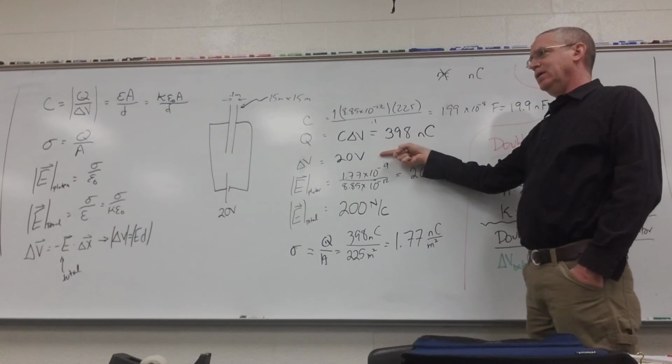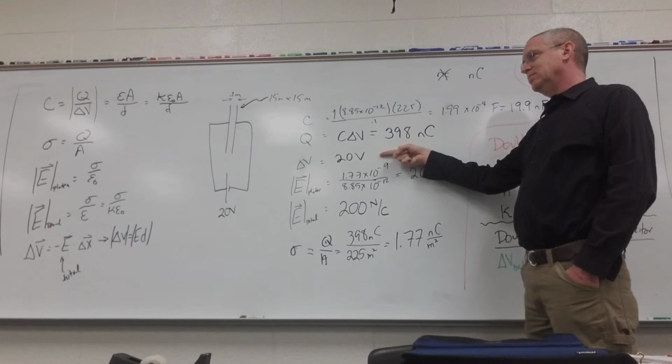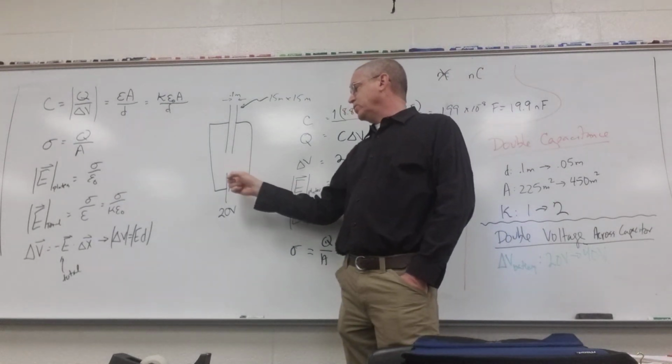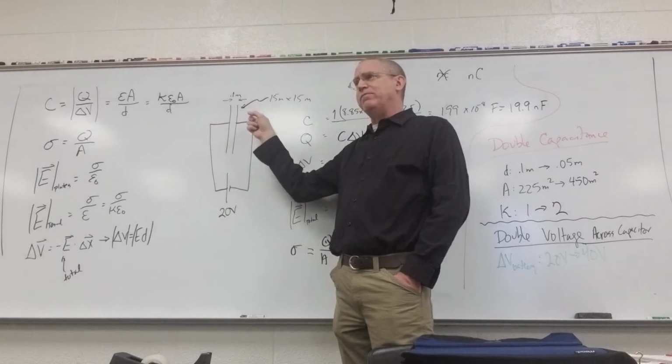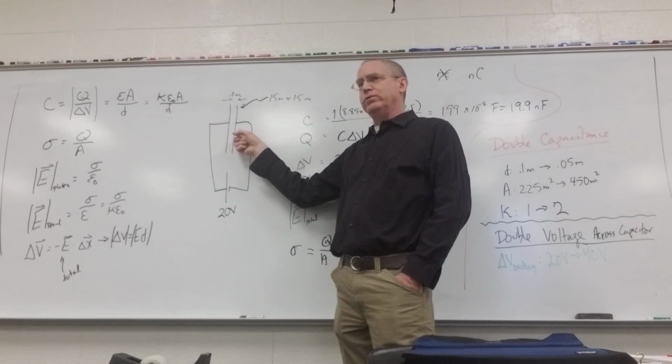Oh, because as the voltage is moving, because of the transition from the positive charge to the negative charge, it loses the voltage, but then gains it again. Okay, in essence, Kirchhoff's voltage rule or loop rule: if I start at any point, whatever gains and losses I have, my total voltage is 0 when I get back to where I started. So I gain 20 volts here, I have to lose 20 volts there.